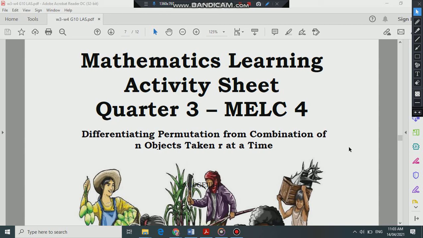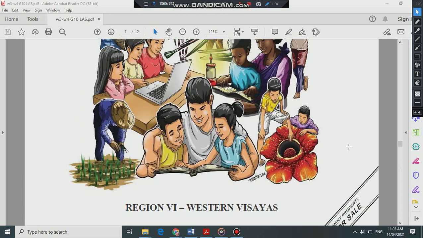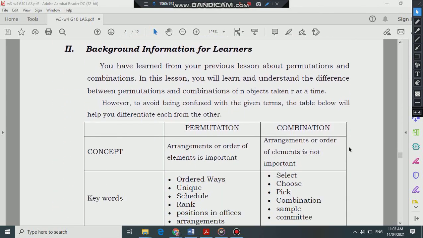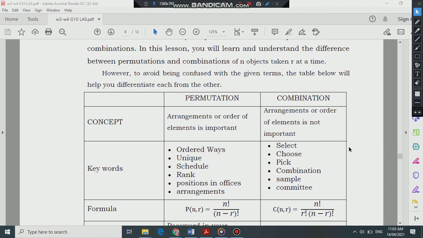differentiating permutation from combination of n objects taken r at a time. In your background information, we have here a table. The second column is for permutation, and the third column is for combination. So, the concept: for permutation, the arrangement or order of elements is important.